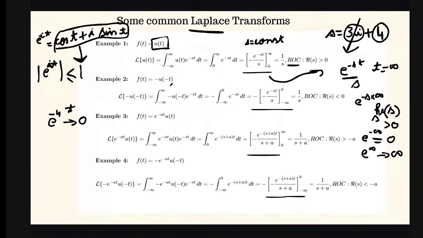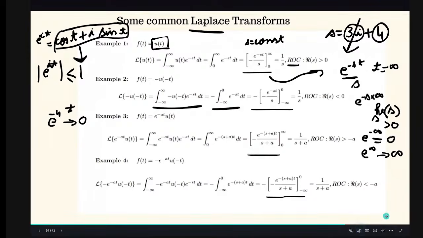F of t is equal to minus u of minus t. And let's say we integrate this. Again, same procedure. But since this is the inverse function, I hope you all know how to draw the graph of negation. Like if u of t is equal to 1 for t greater than 0, then u of minus t will be equal to 1 for t less than 0. So we get this, and then we get this.